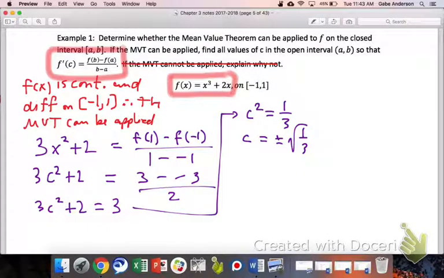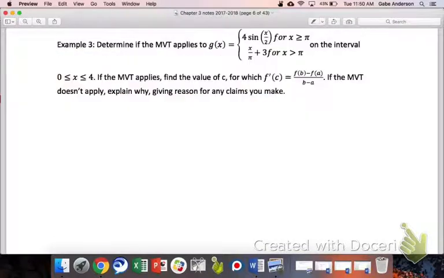All right, cool. Well, let's take a look at one of our other limits from the left. So limit as x approaches pi from the left. And that would be that line, right? X over pi plus 3.